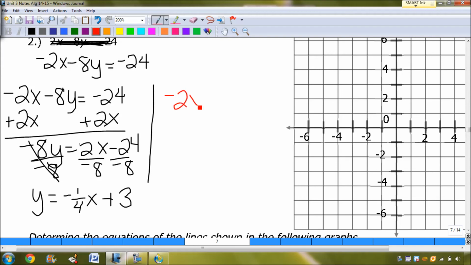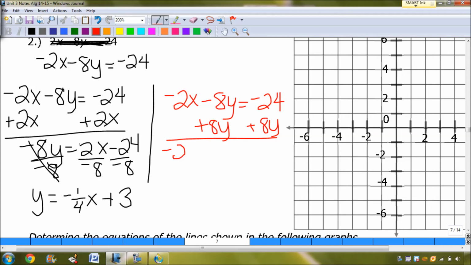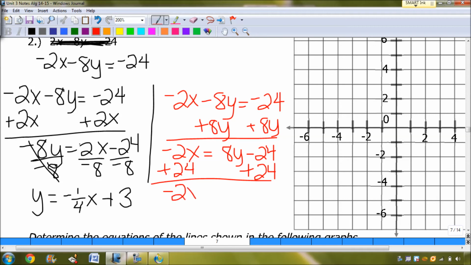The other method is to not have to deal with a negative 8y. Since I'm trying to get y by itself, it's going to be a lot easier for me to just make the y positive. So by adding 8y, I now have a positive 8y. So I get negative 2x equals 8y minus 24, or negative 24 plus 8y. It's your choice. So now I can just add 24 to get the 8y alone, so I end up getting negative 2x plus 24 equals 8y.